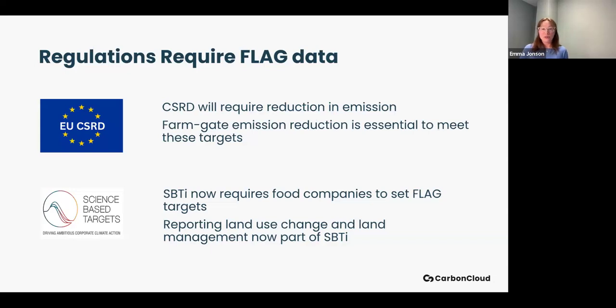And I also mentioned before the science-based target that now has these separate FLAG requirements, meaning that the agricultural part of your value chain needs to have specific targets or separate targets that you can't combine with the non-FLAG targets. So you need to have reduction in your agricultural part of your value chain.